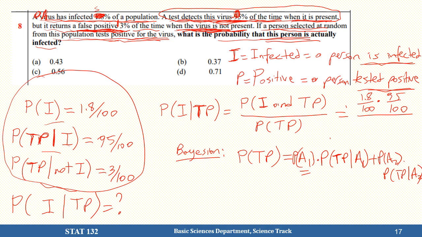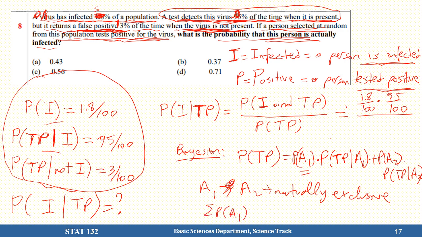Here A1 and A2 should be mutually exclusive, so their intersection is the empty set, and also the sum of their probabilities is equal to 1, so they have to be exhaustive.